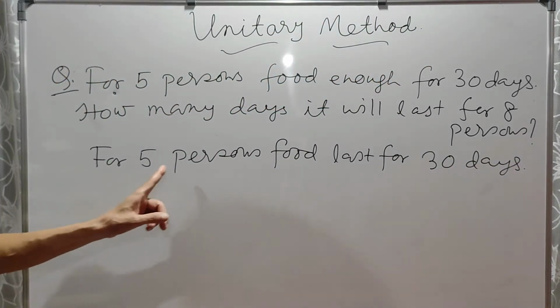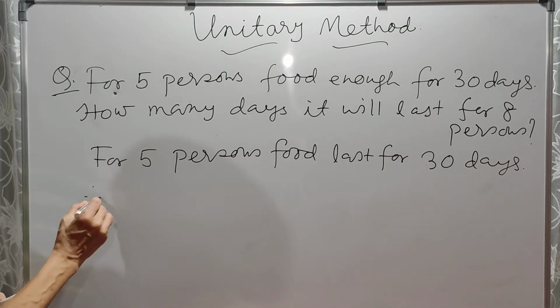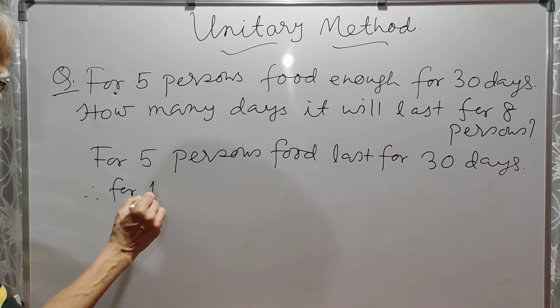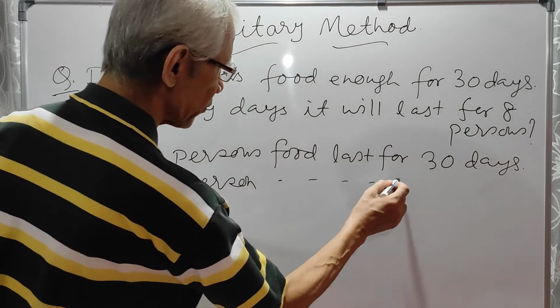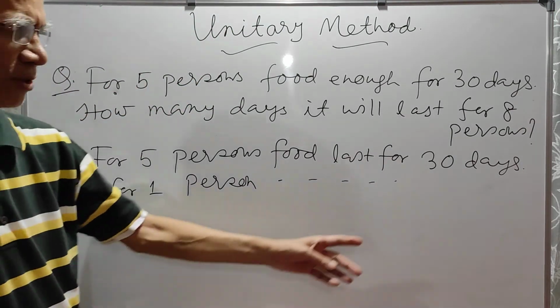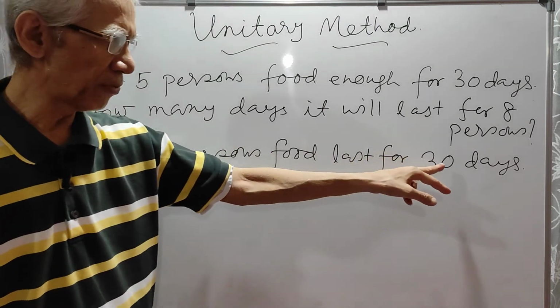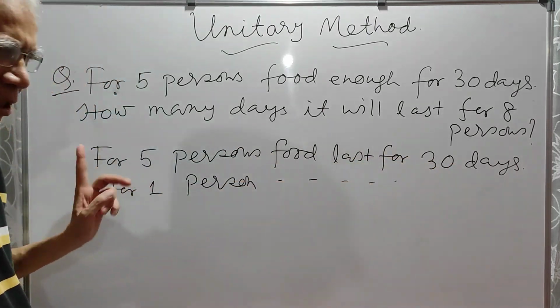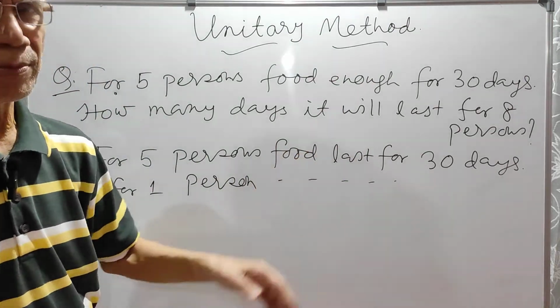For 5 persons, the food will last for how many days? 30 days. Therefore, for one person, what do you think? For one person, the food will last for definitely more than 30 days, many more days. If there is only one person, definitely it will be many more days. So many more, so you have to multiply.